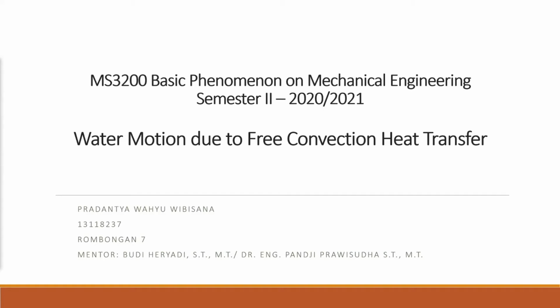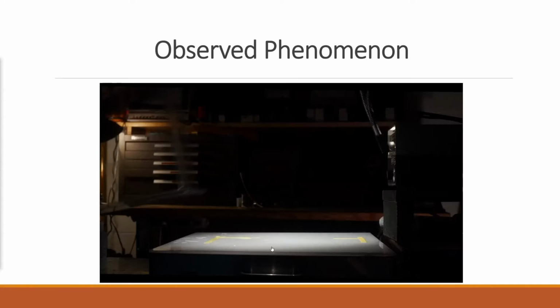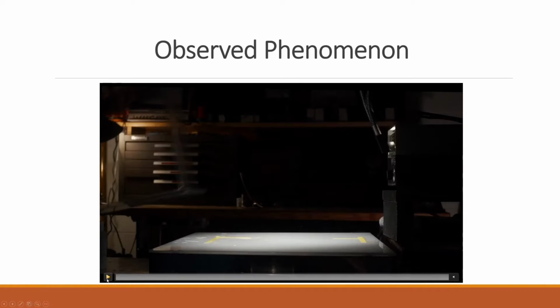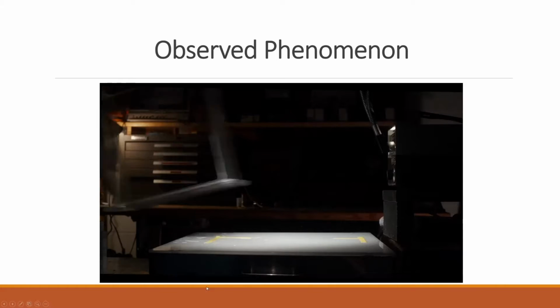Okay, so the topic of my research for Fenomena Dasar Mesin Modul 3 is water motion due to free convection heat transfer. This is the phenomenon that I am going to try to emulate.